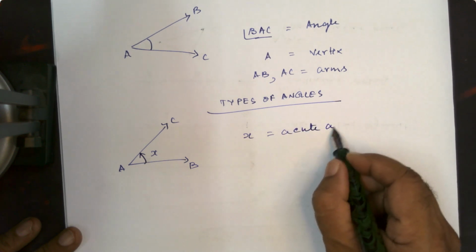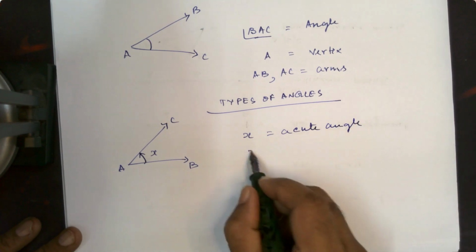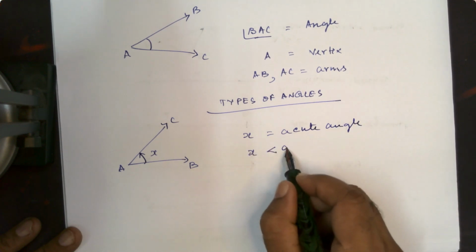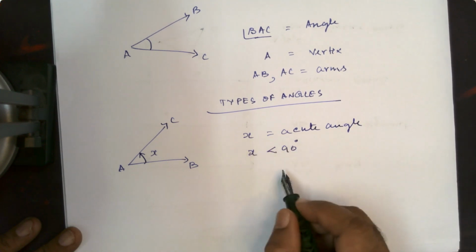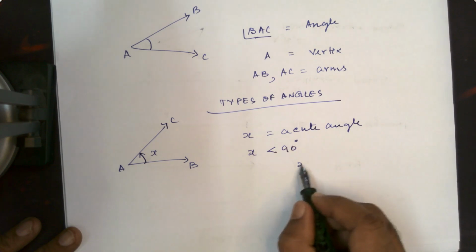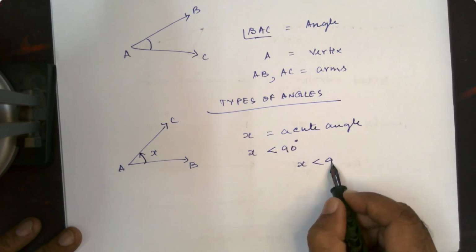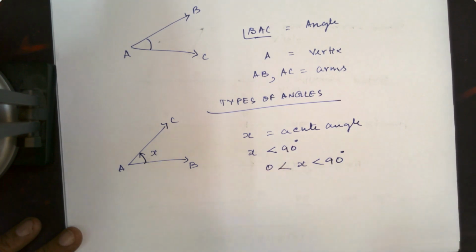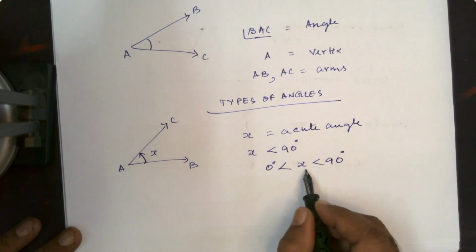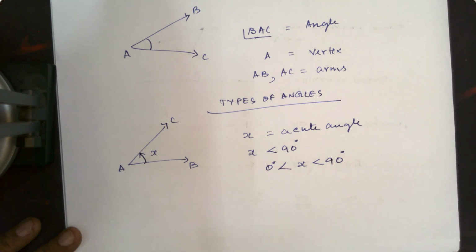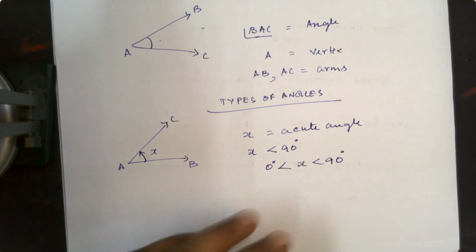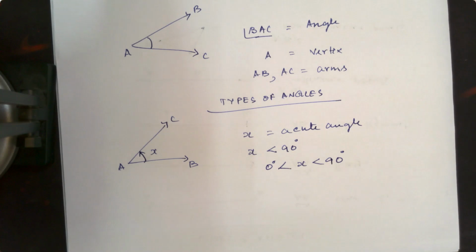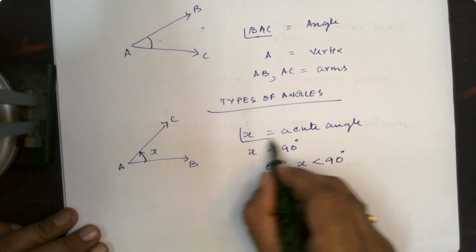It means X is less than 90 degree, and this can also be represented as 0 is less than X is less than 90 degree. So X lies between 0 and 90 degree. So this is acute angle.